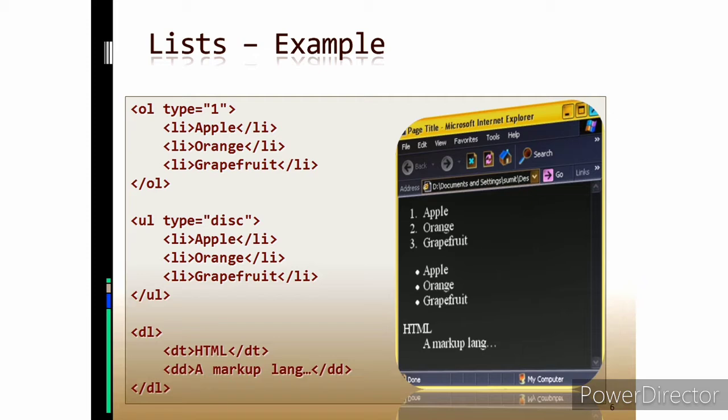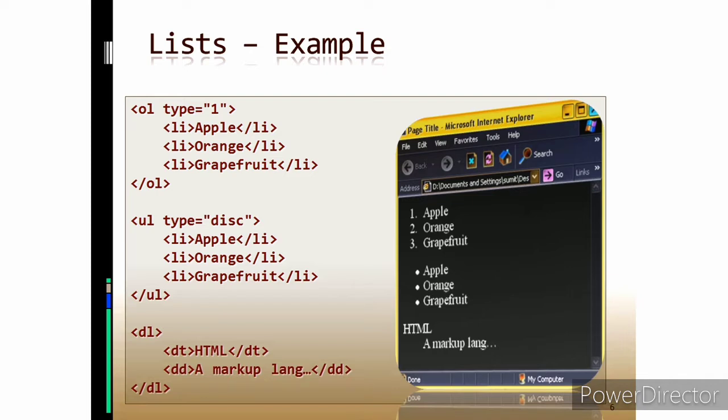For the OL type we have 1, that means you are creating the list with numbers 1 2 3. Again, the second one we have taken as a disc, that is the unordered list, where I have used the type disc.